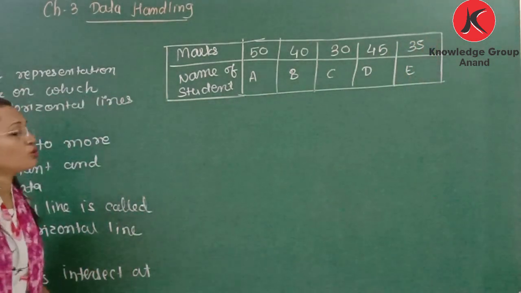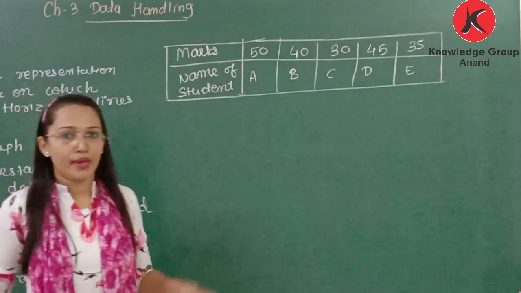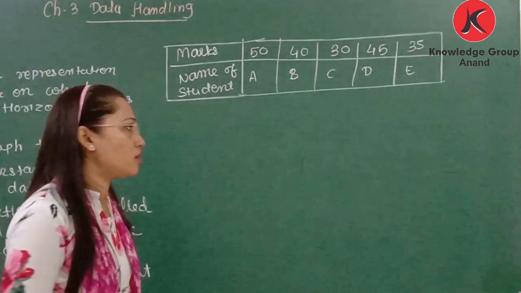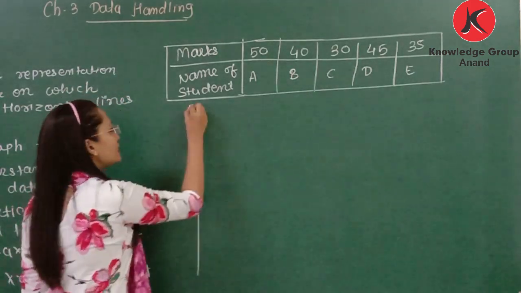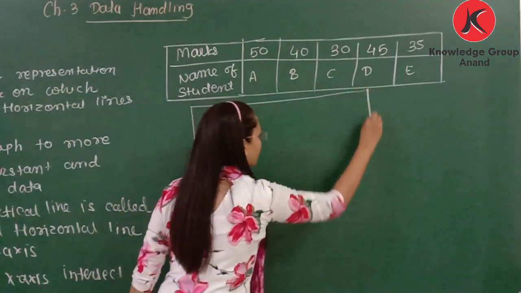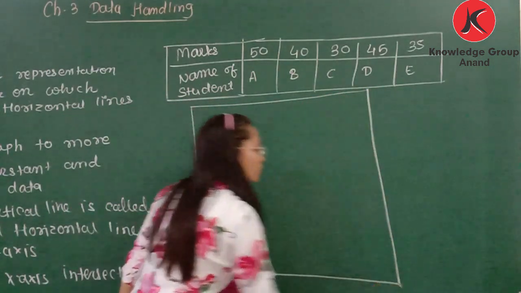So whenever you draw a graph on a paper, we have one paper in which vertical line and horizontal line will be given. So here, let's say this is your graph paper. Okay.